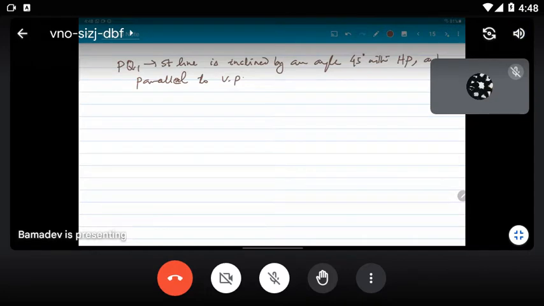So how to draw it? Draw the reference line. Assume that PQ1 is parallel to both HP and VP.